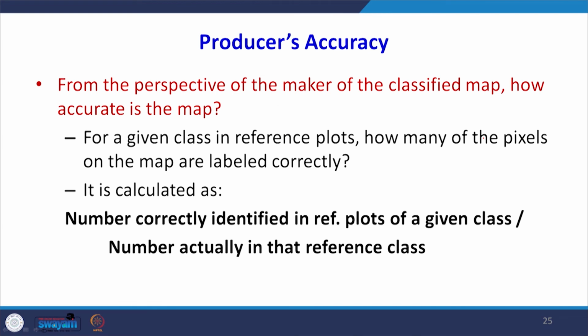Now, let us see the producer accuracy. From the perspective of the maker of the classification map, how accurate is the map? We calculate the producer accuracy as the number of correctly identified pixels in the reference plot of a given class divided by the total number actually present in that reference. So, that determines the producer accuracy, again the ratio of two figures.